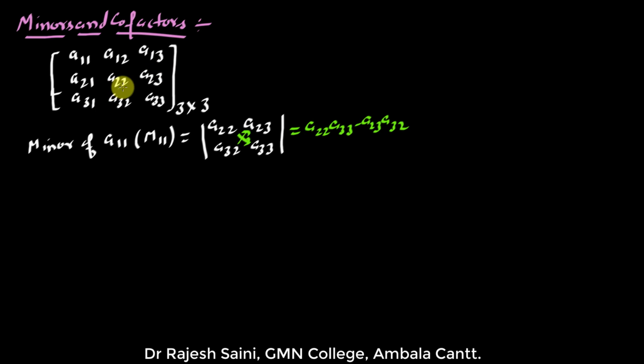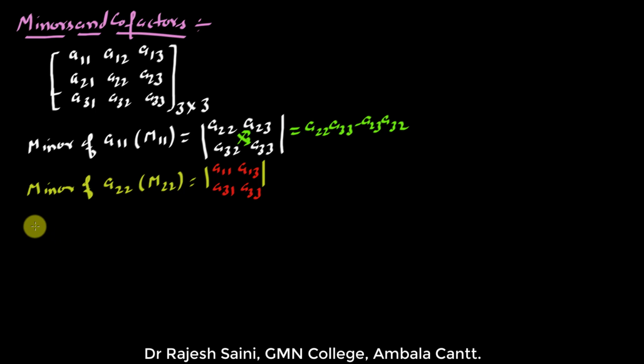Similarly, other minors could be determined. For example, what will the minor of A22 be? Leave the row of A22, which is the second row, and leave the second column. So the minor of A22, M22, is A11, A13, A31 and A33.